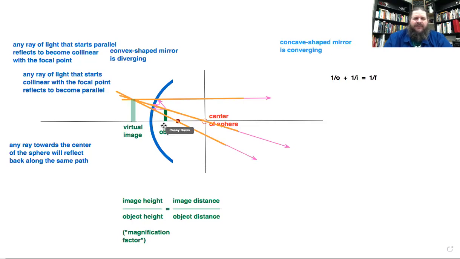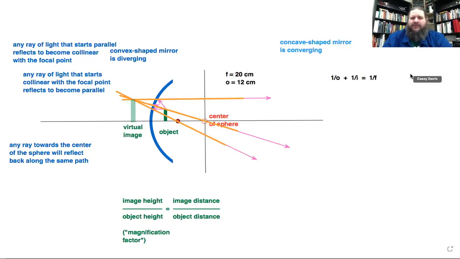For example, in this case, let's just assign some numbers here. Let's say the focal length is 20 centimeters, and the object distance is less than that. Let's say 12 centimeters.